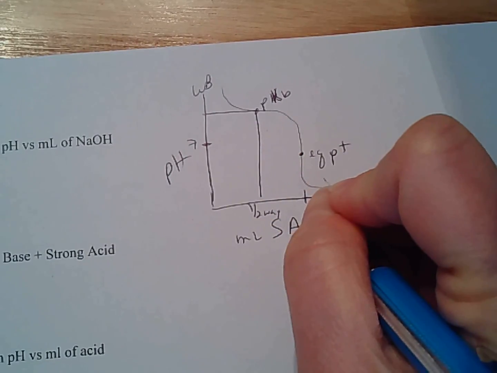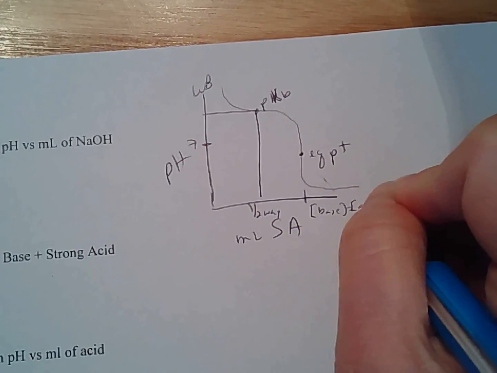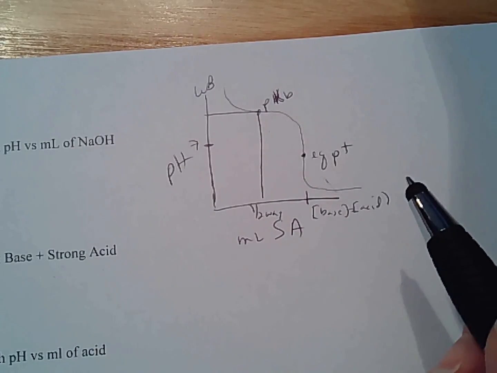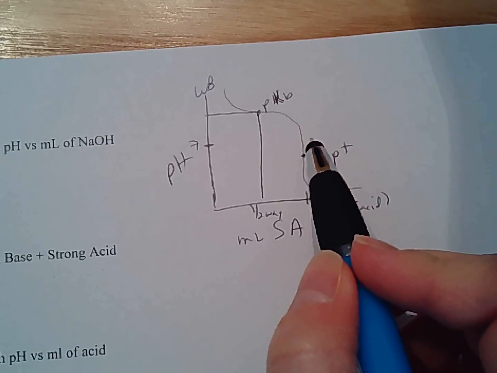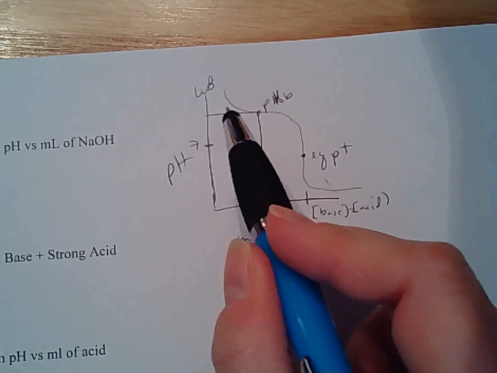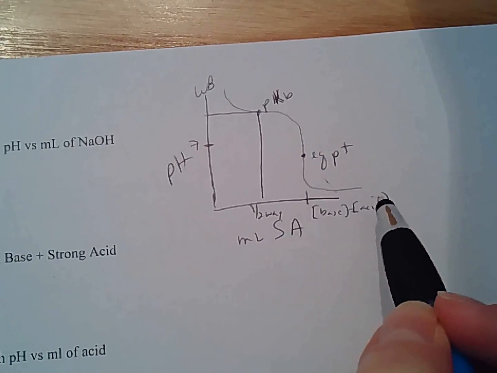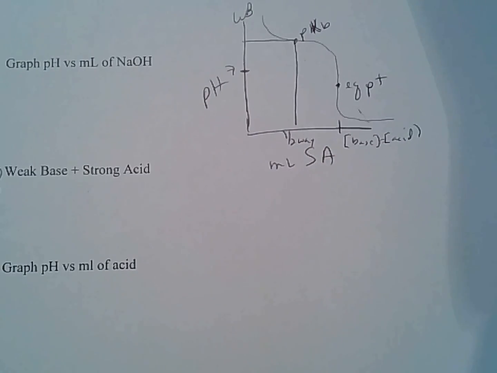This is going to be where your base equals your acid. And that's going to be the same volume no matter if it's weak or strong, but what's going to be different is the shape of this curve here. Up at the top, if you're starting with a weak base, but then it goes straight down and then across, and this always ends up at the same place that a strong acid would as well.